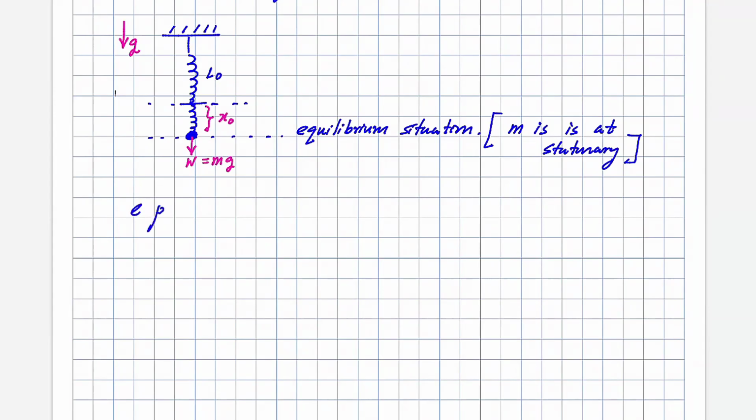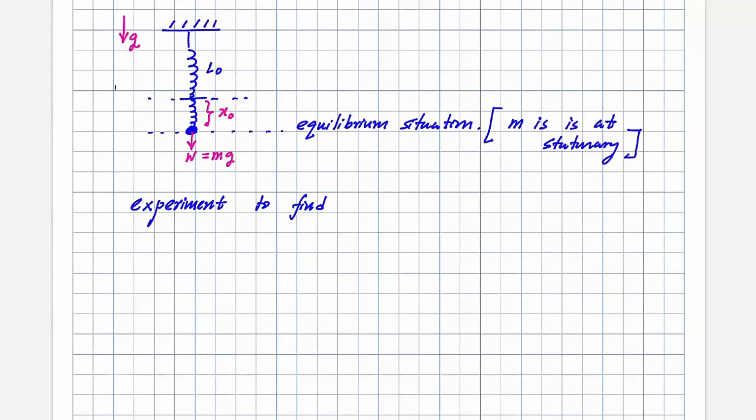So the experiment is this: an experiment to find the relation between M versus x0.